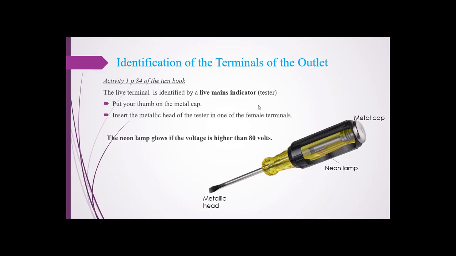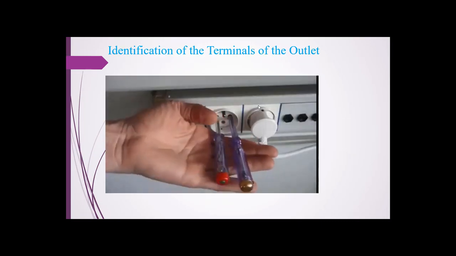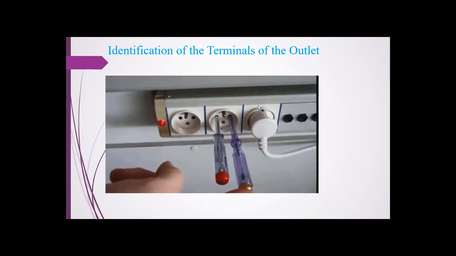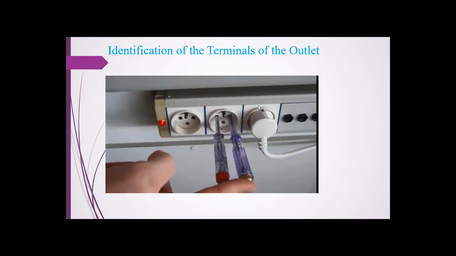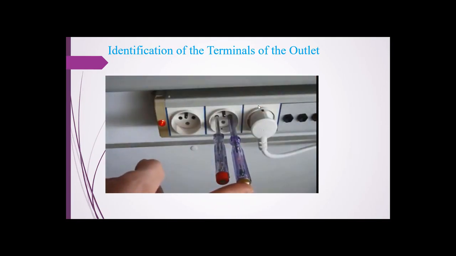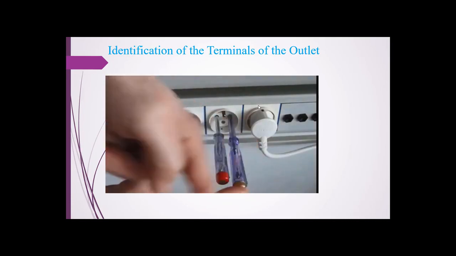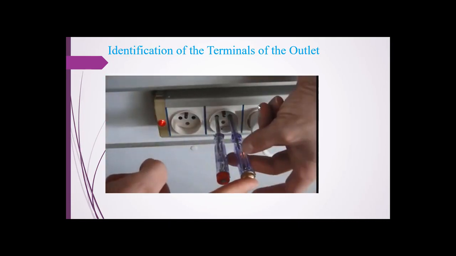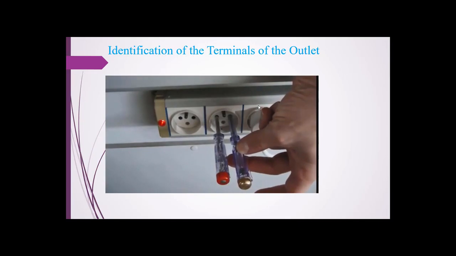Let's watch the video together to identify the terminals of the outlet. Here, as you can see, the finger is put on the metal cap and the metallic head is inserted in the female terminal. The neon lamp is glowing. This means what? That the voltage is higher than 80 volts.